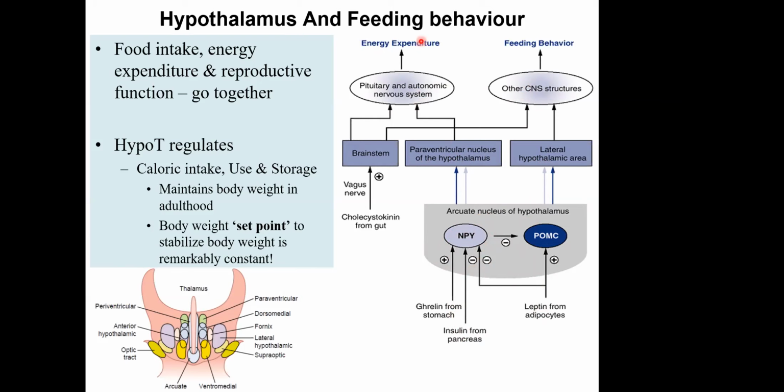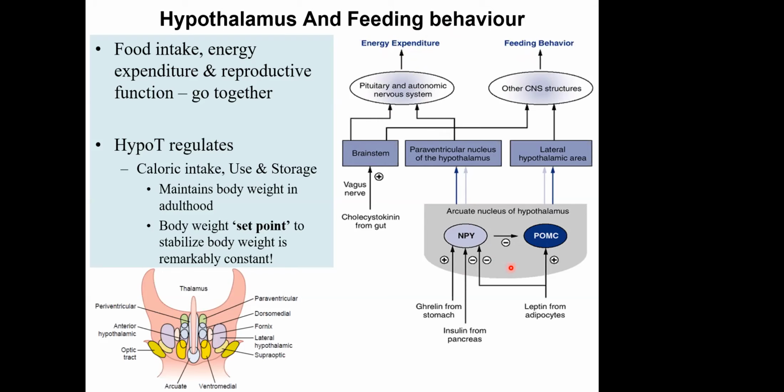And eventually, this whole circuitry, which is this direction, from bottom to top, determines whether you will feed and or you will expend your energy. Okay, so this is the summary. Let's go into a bit of detail.